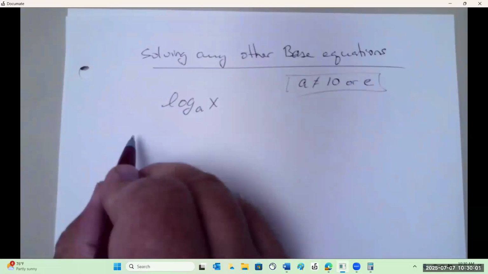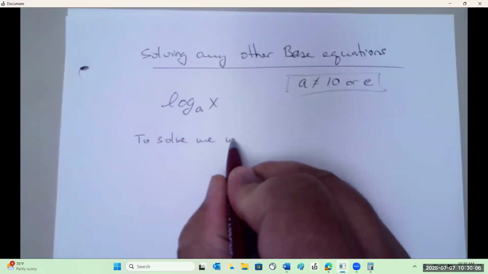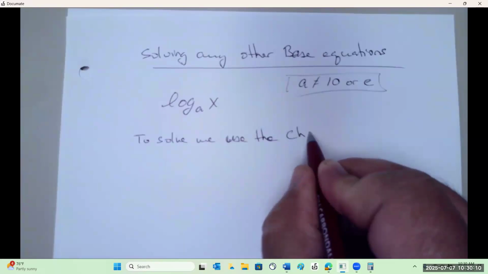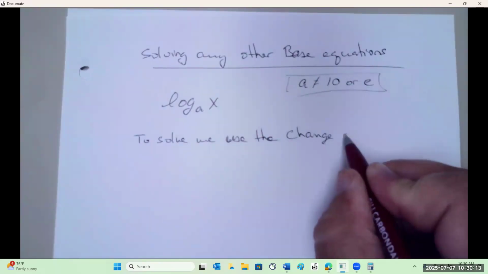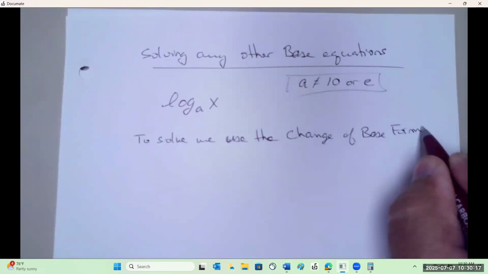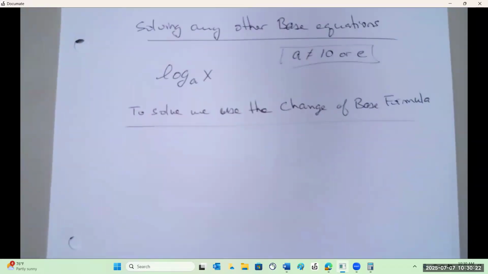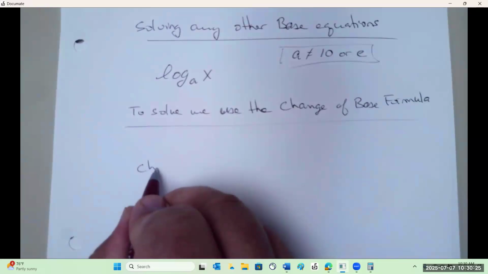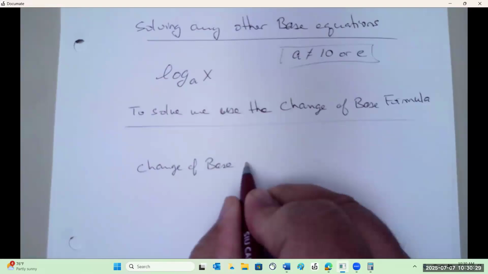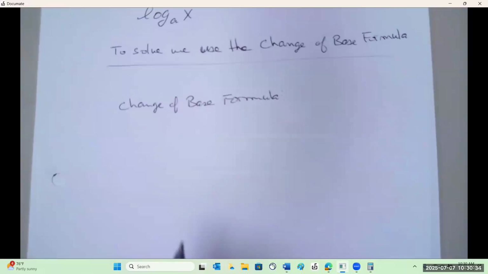What we have to do to solve, we use the change of base formula. The change of base formula says this.